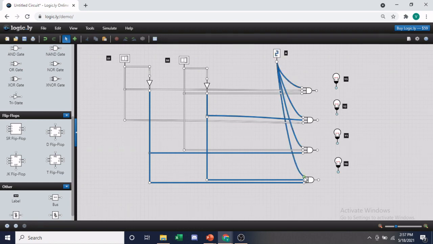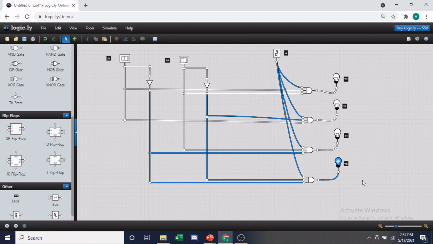So this is the single input, and the selection lines, the selection input decides where the output must go. So let's connect each AND gate to the outputs separately. So here first we have the 0 0 case. When A is 1, it is directed to Y0.